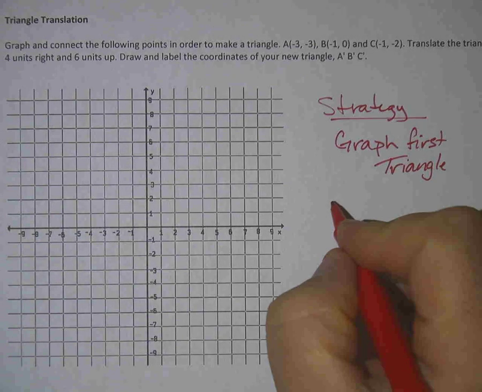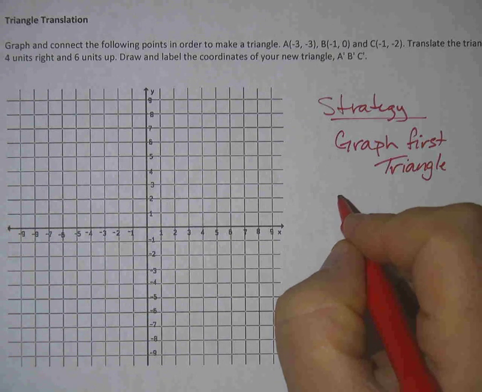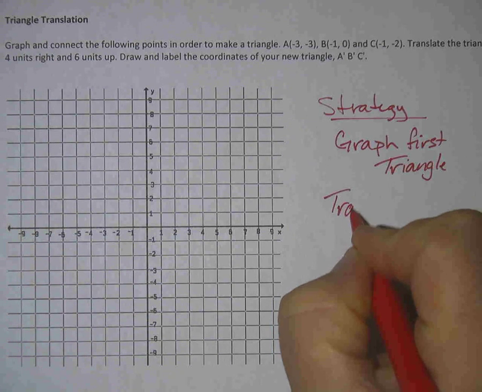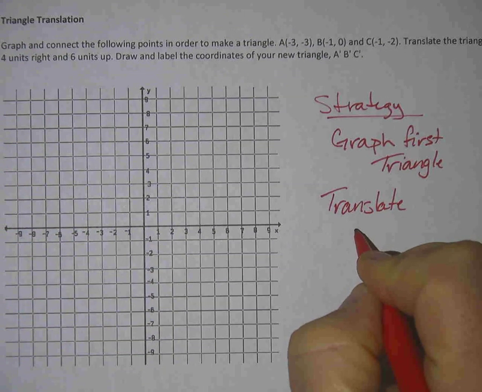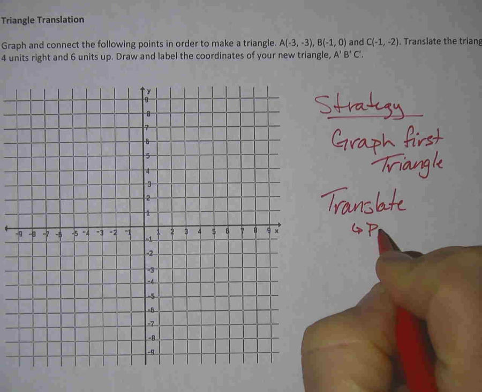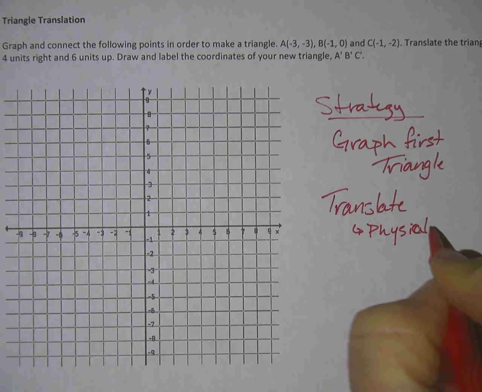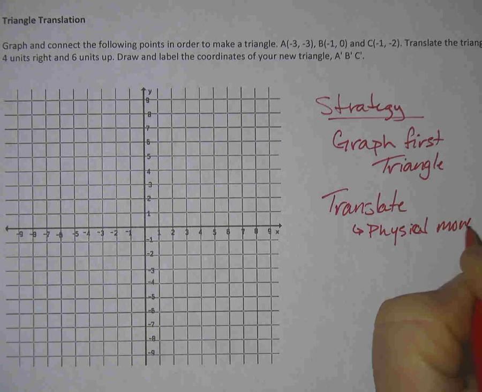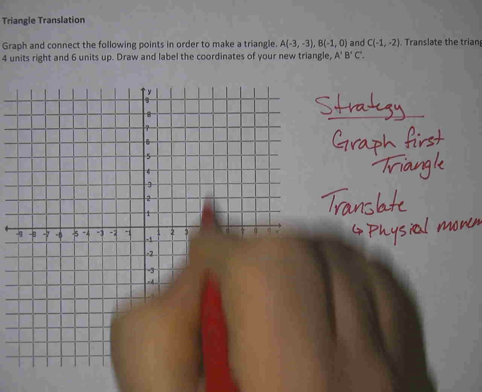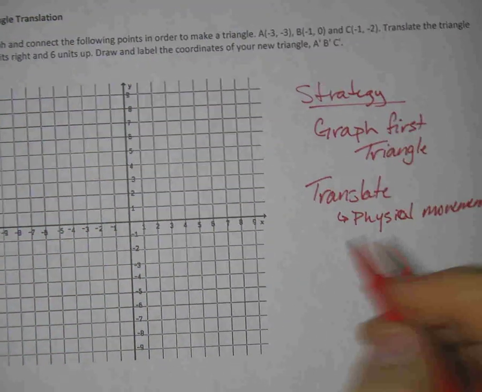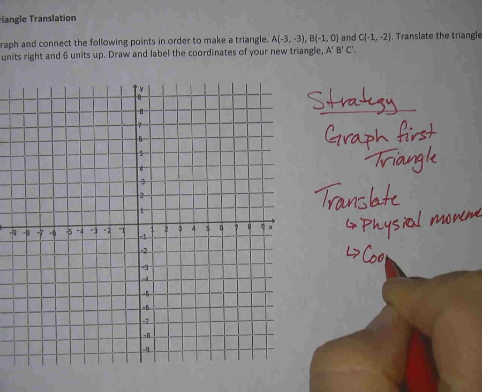And then you have, as is talked about in the web page there, a couple ways to translate. So for translating, we're either going to use physical movement, where you're taking a point and moving it 4 units right, 6 units up, or you have the coordinate manipulation.